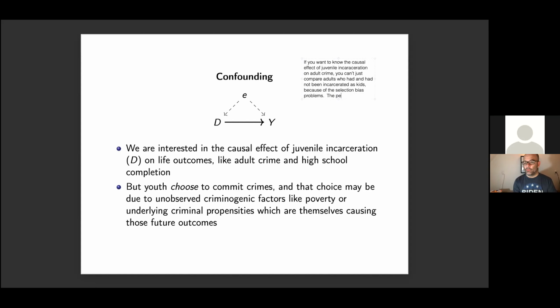The people incarcerated as adults typically are very different people than those who hadn't.